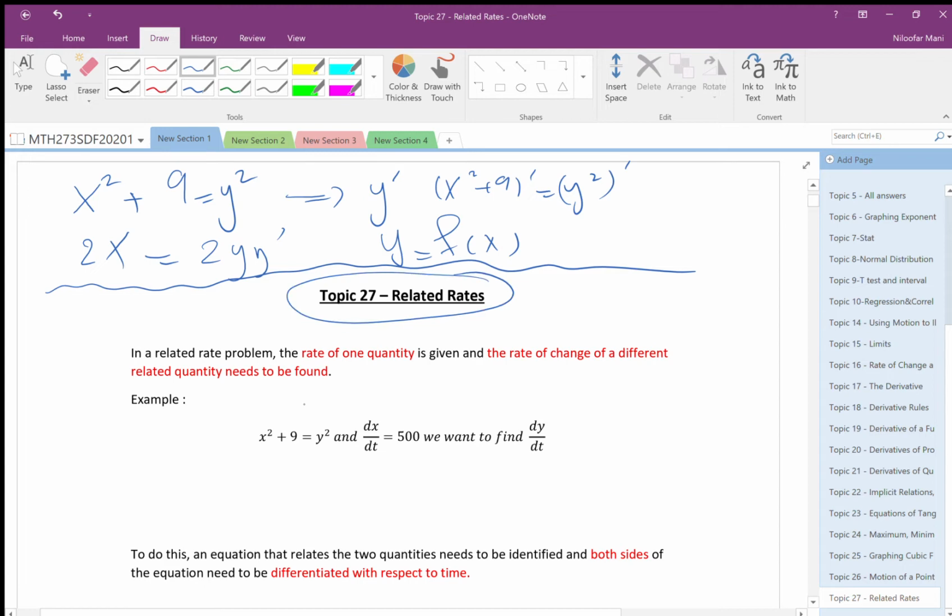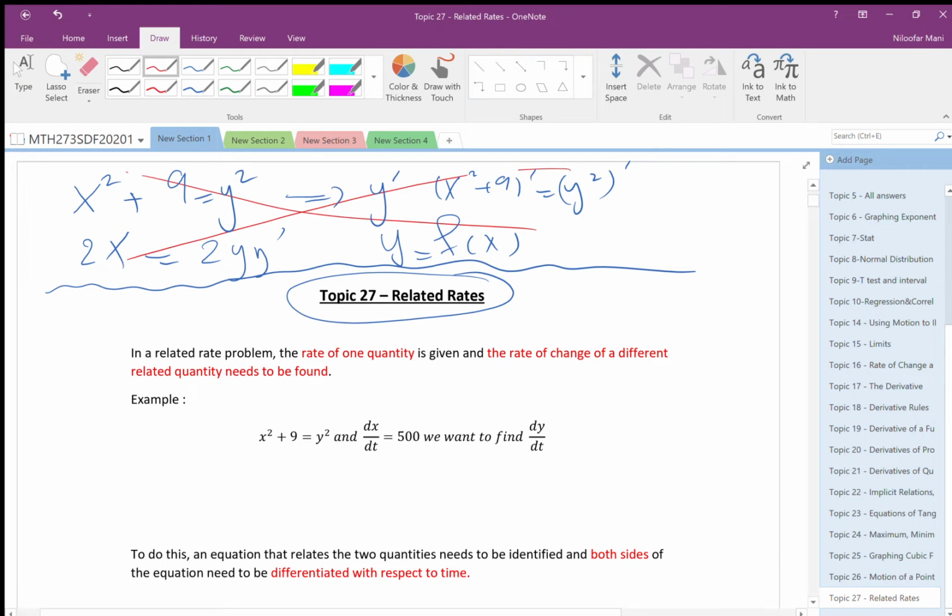Okay? We used to have this, and now this is different here. Here, both of these are with respect to t. X and y, both of them with respect to t. Both of them are changing with respect to time. For example, I have a spherical ball, a snowball, and it's melting.